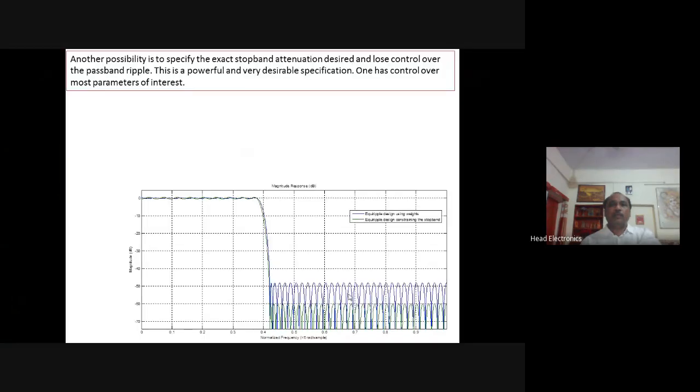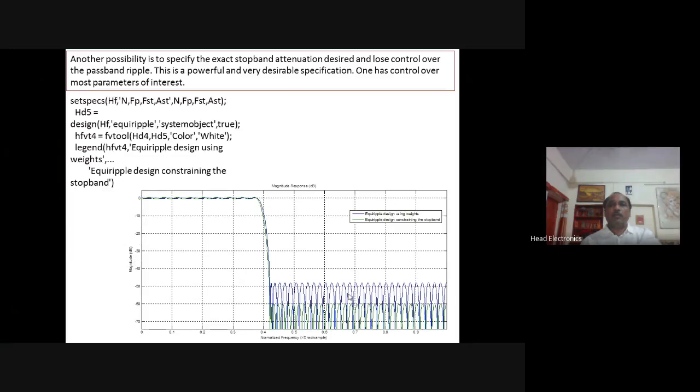Now we can again see that another possibility is to specify the exact stop band attenuation. If we are interested to maintain the stop band attenuation as desired, then this can be done at the cost of the pass band ripple. If we are trying to maintain the same transition width, then this can be done.